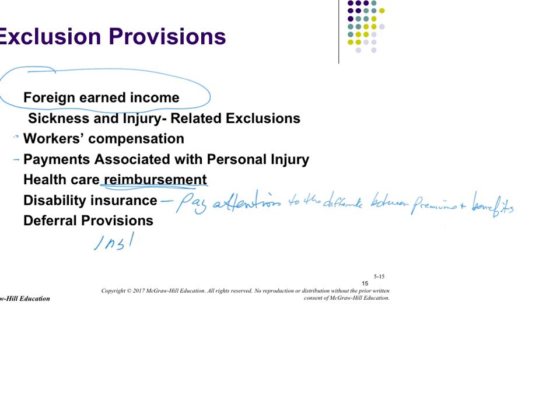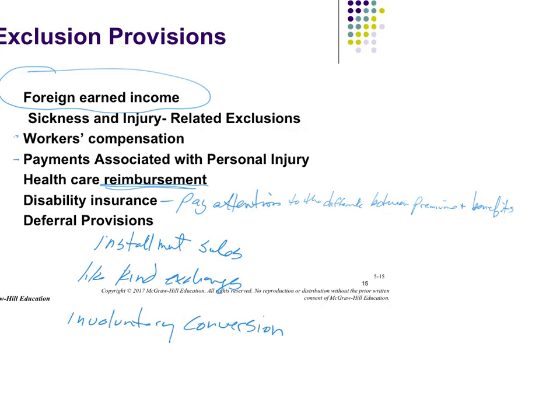So we're talking about installment sales, like-kind exchanges, involuntary conversions, Roth IRAs.